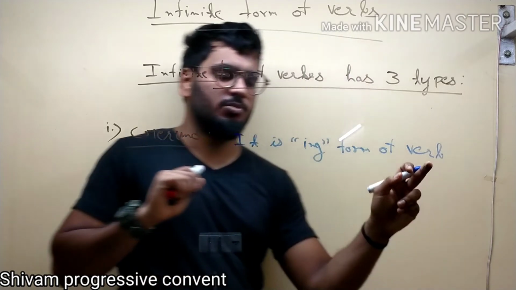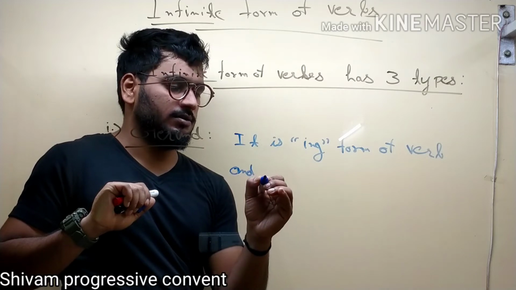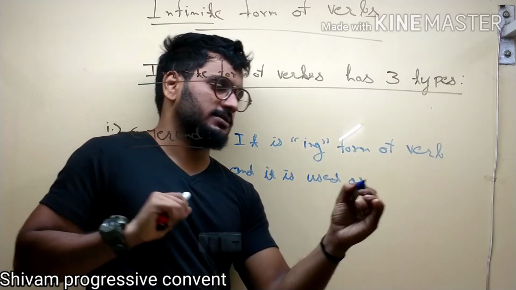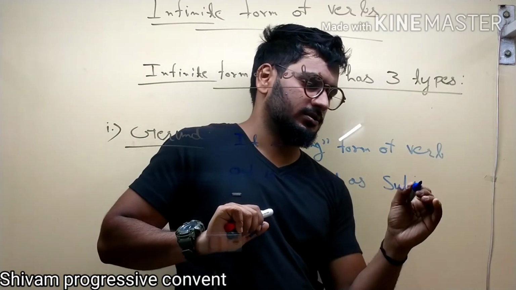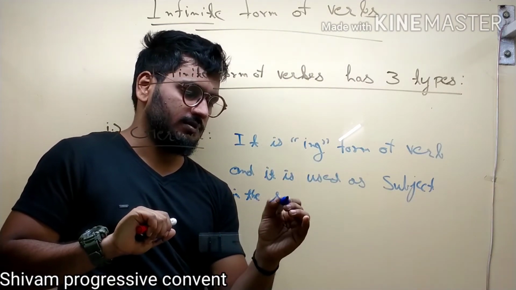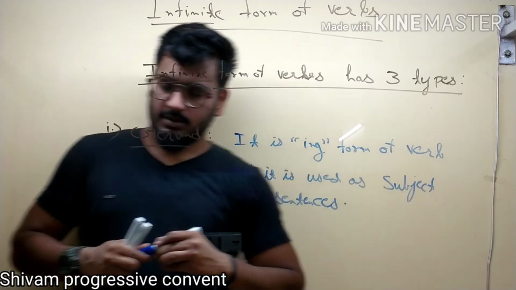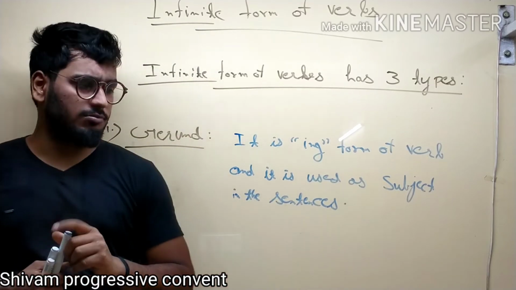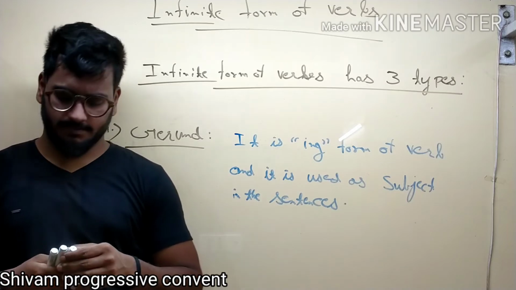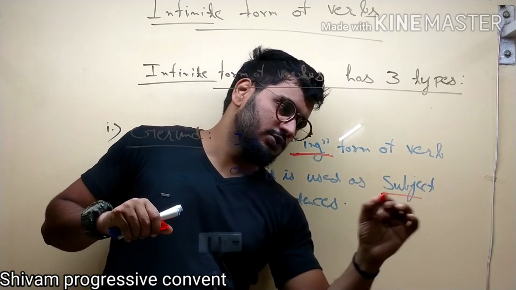It is ing form of verb, and it is used as subject in the sentence. First of all, it should be ing form of verb. The second thing, it is used as subject. So focus on this thing, ing form of verb and also used as subject.